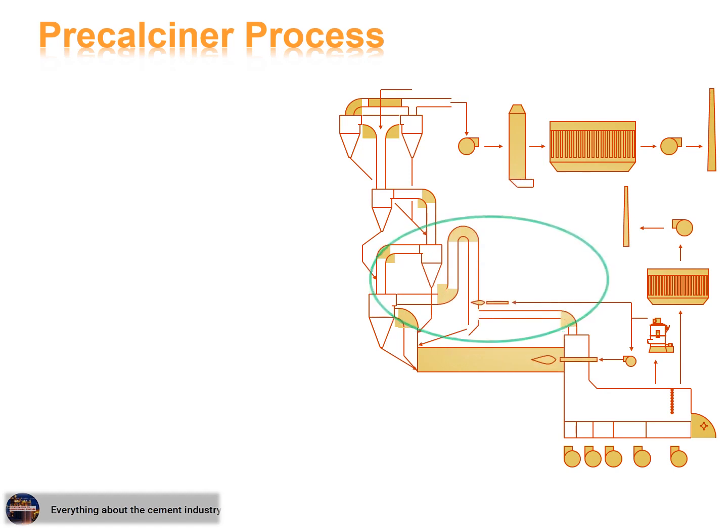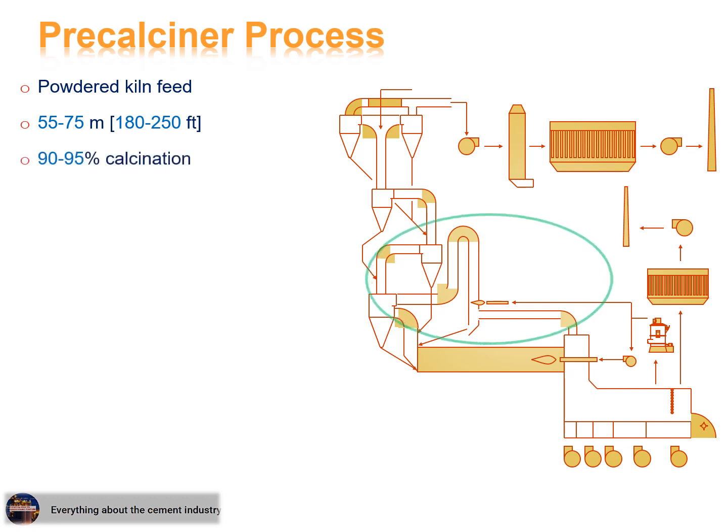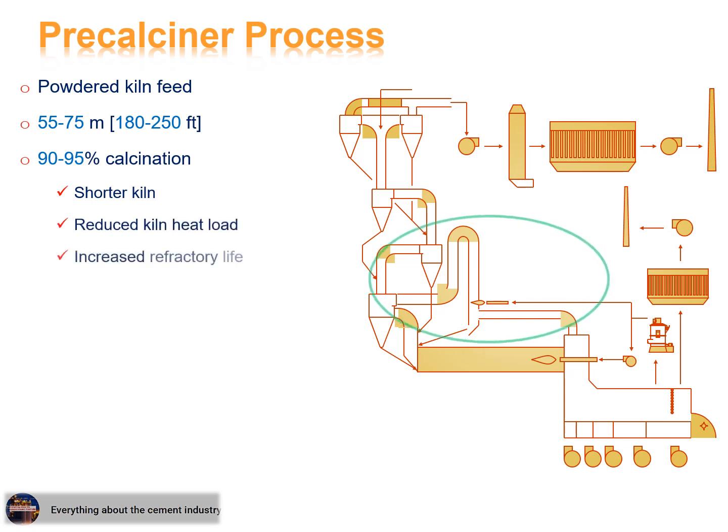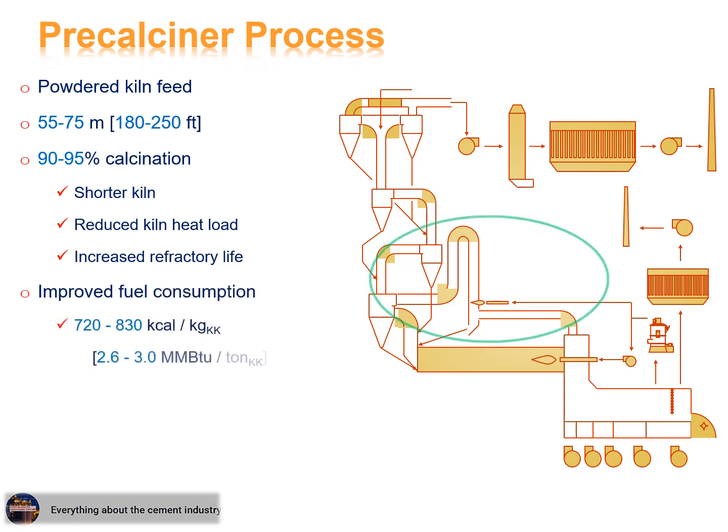4. Precalciner process. Powdered kiln feed. The length is approximately 55 to 75 meters. 90 to 95% calcination. Shorter kiln. Reduced kiln heat load. Increased refractory life. Improved fuel consumption: 720 to 830 kilocalories per kilogram.